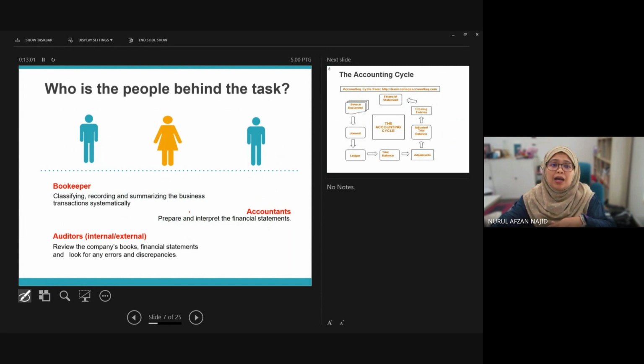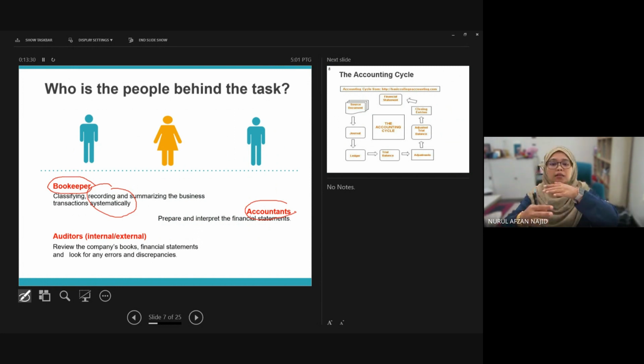So who are the people behind each of the tasks? So bookkeeper, dia akan more focus on the recording and summarizing. Okay, but accountant is more on preparing and interpreting the financial statement. Okay, so tugas bookkeeper ni dia hanya record, summarizing, dia classify and so on.